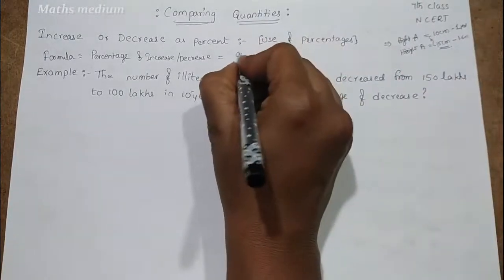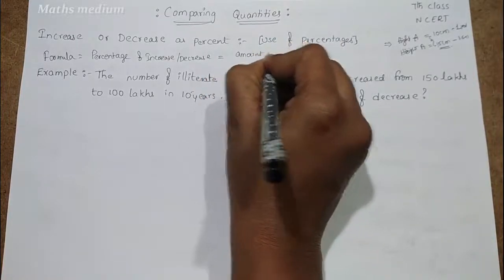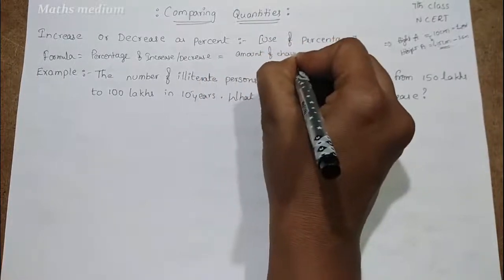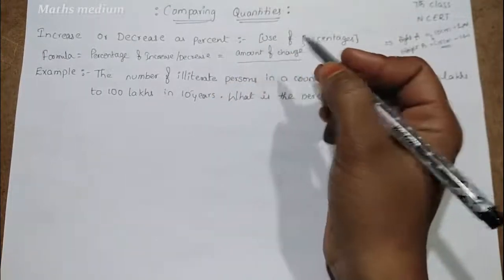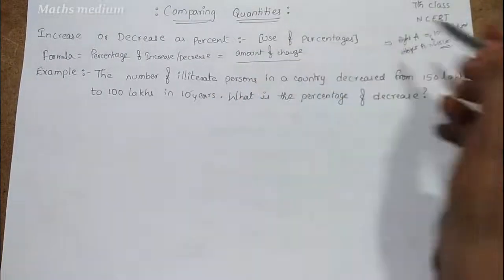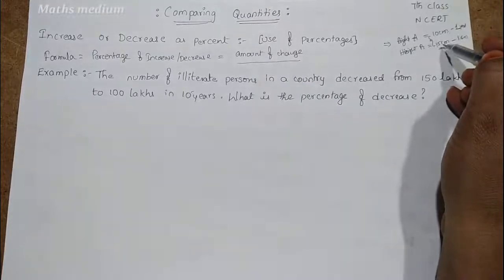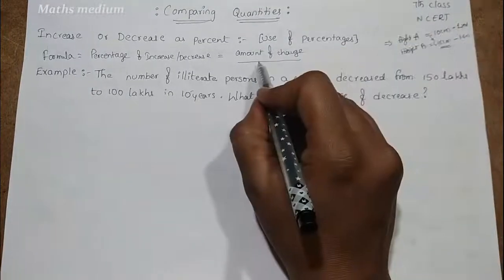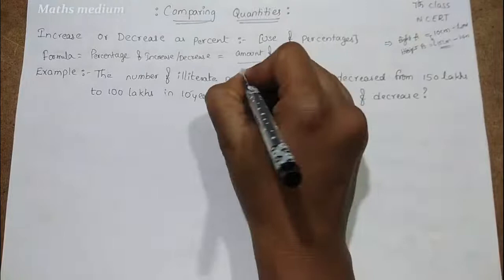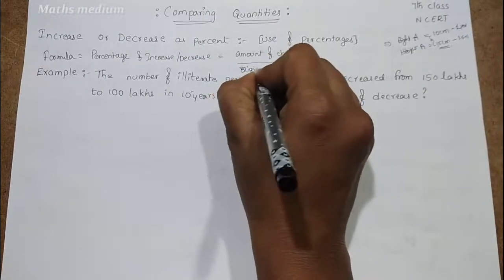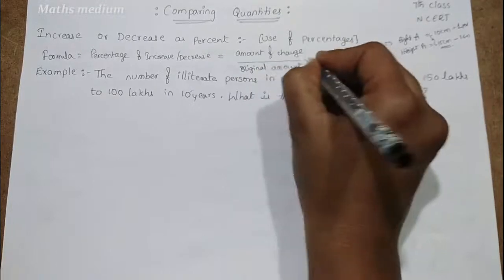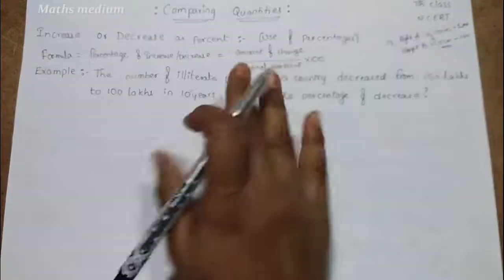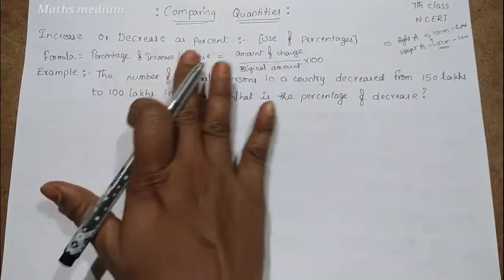So here in the numerator, amount of change. It may be weight, height, population or anything. That is the amount of change. It means original minus changed one. Next, the denominator is the original amount. Percent means 100. So this is the formula for the increase or decrease as a percent.